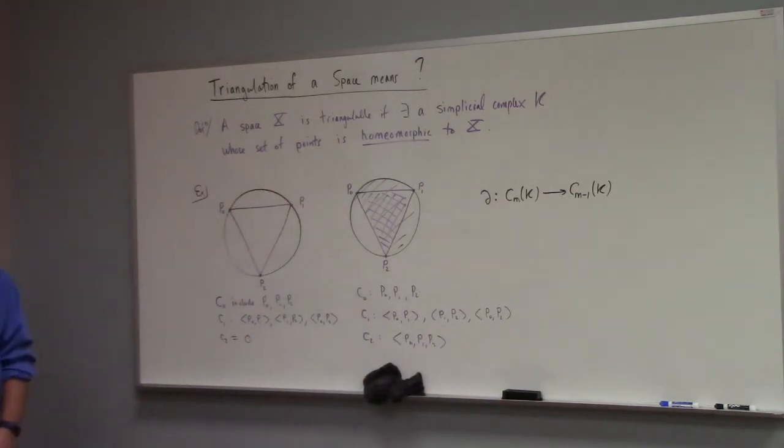Let me summarize. For both of these, C0 is three-dimensional. For both of these, C1 is three-dimensional. For the disk, C2, when we look at the set of all chains as a vector space, is one-dimensional. It's spanned by that one two-simplex, P0, P1, P2.